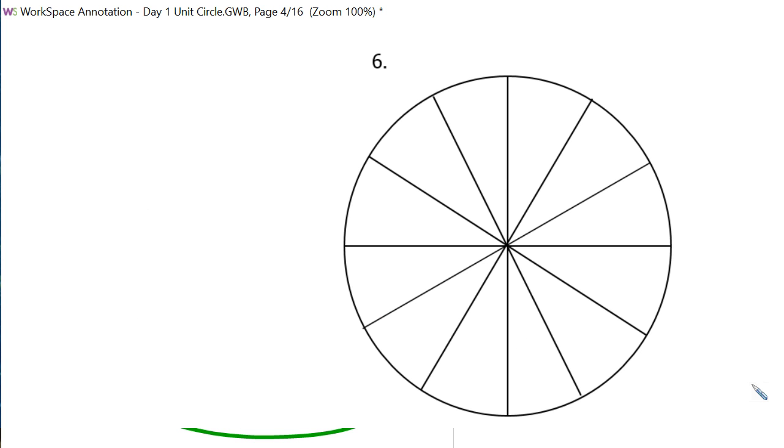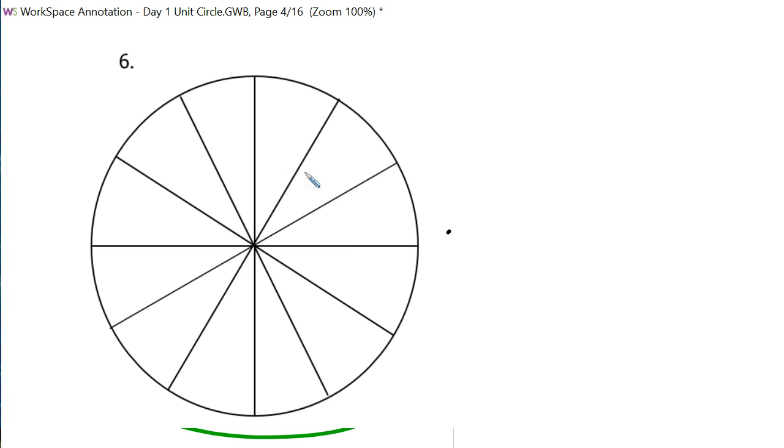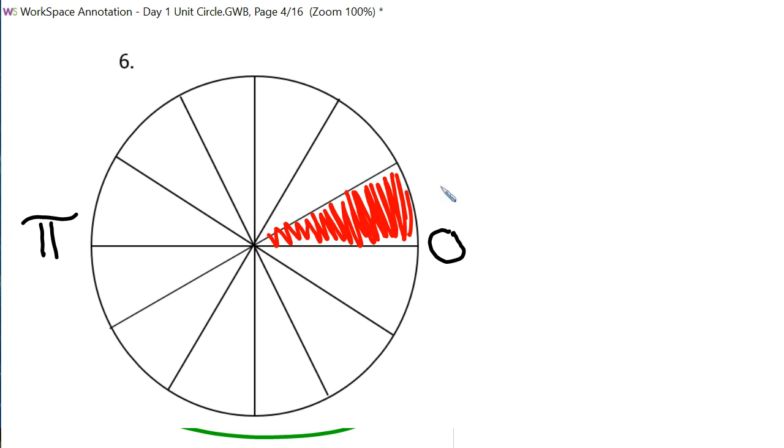And the next one, number 6. Again, start off by labeling 0 and pi. And let's figure out what they are counting by on this circle. So looking at this first angle, what fraction of pi does that represent? This is 1/6 of pi.